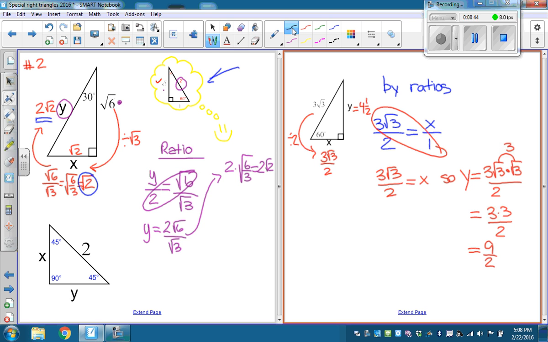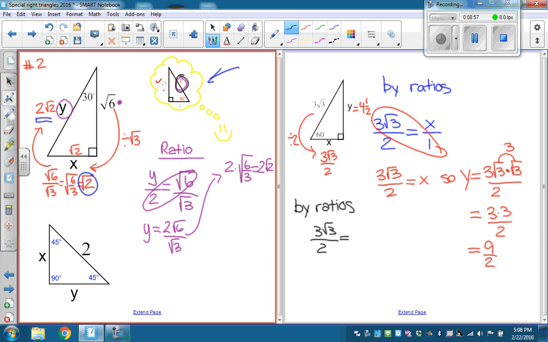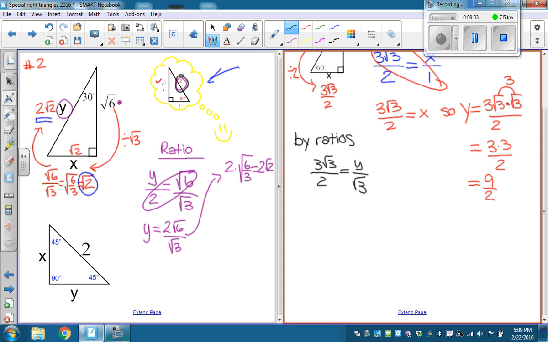If you're not convinced, you can get y by ratios. So 3 square roots of 3 compares to 2, because that's the base triangle, as y compares to the square root of 3, because that's the base leg.